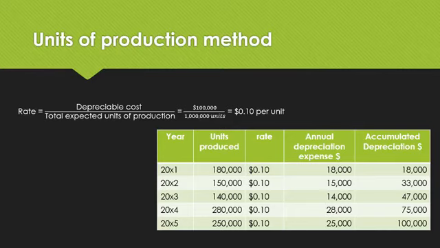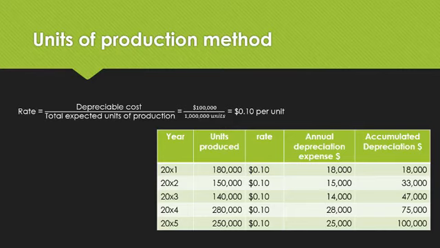So in 20x1, we produce 180,000 units multiplied by 10 cents. Annual depreciation will be $18,000. For 20x2, 150,000 units multiplied by 10 cents, we have $15,000 as annual depreciation, and so on and so forth.